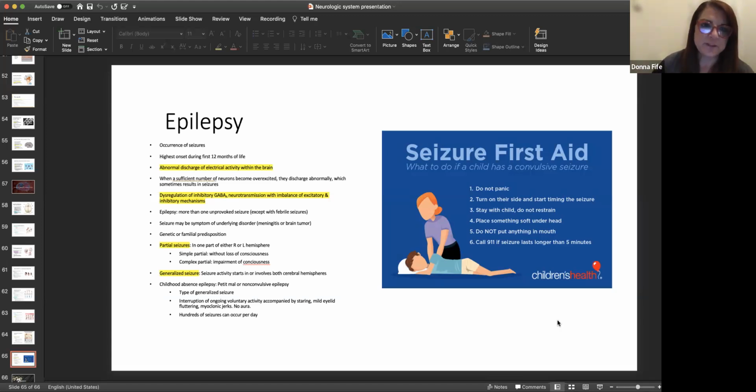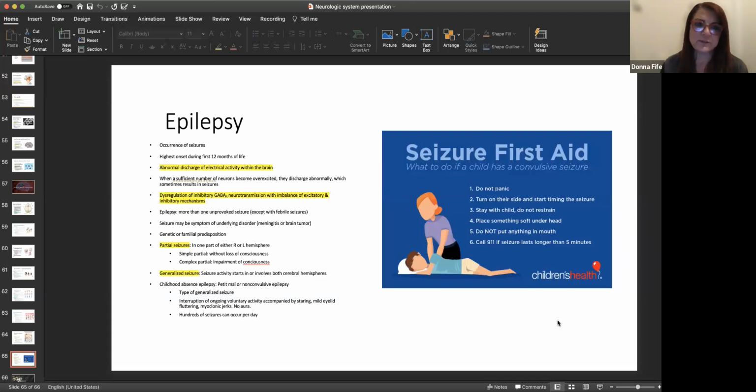There's dysregulation of inhibitory GABA neurotransmission with imbalance of excitatory and inhibitory mechanisms. Now, epilepsy is more than one unprovoked seizure, except in the case of febrile seizures. A seizure may be a symptom of an underlying disorder, such as meningitis or a brain tumor. There is a genetic and familial predisposition.